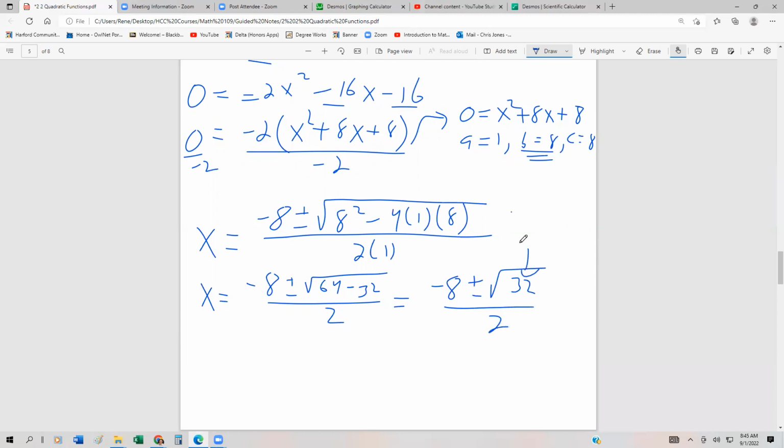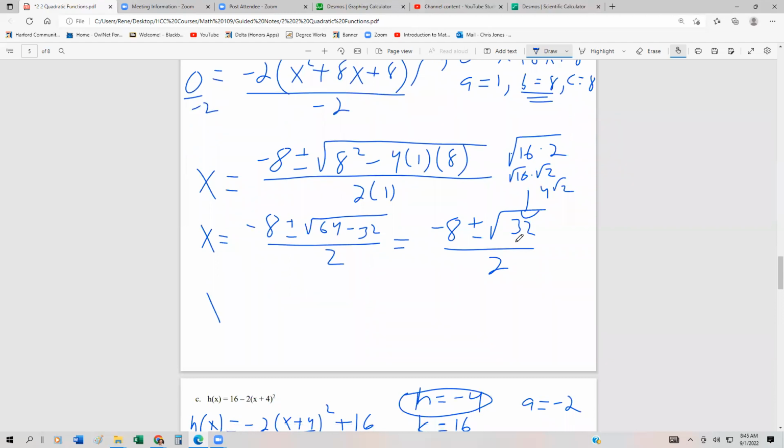Notice that 32 can be written as the square root of 16 times 2. All right. Clearly, it's also 4 times 8, but you always want to pick the higher of the two perfect squares. That means we're going to get the square root of 16 times the square root of 2, or 4 roots of 2. All right.